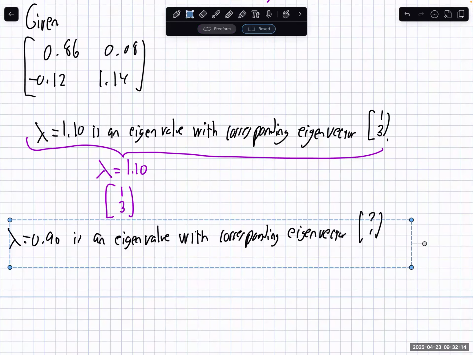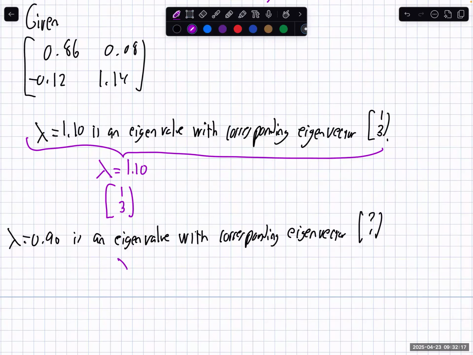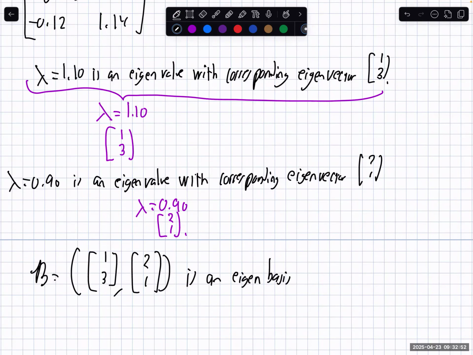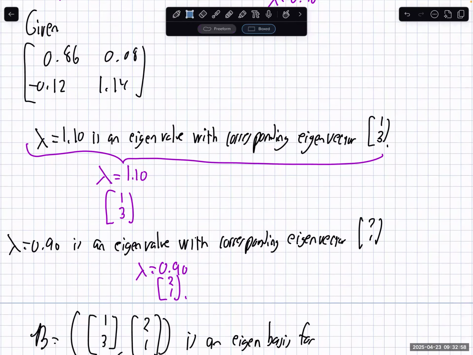And not surprisingly, the way I'm going to write that, and then a basis made out of eigenvectors is called an eigenbasis.